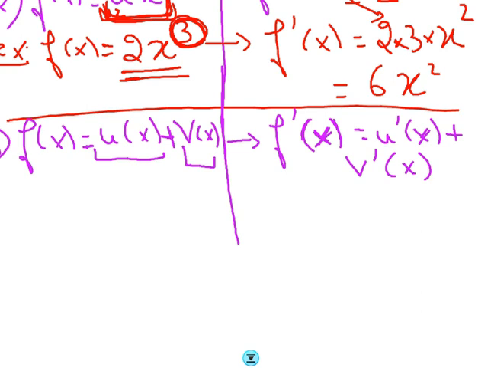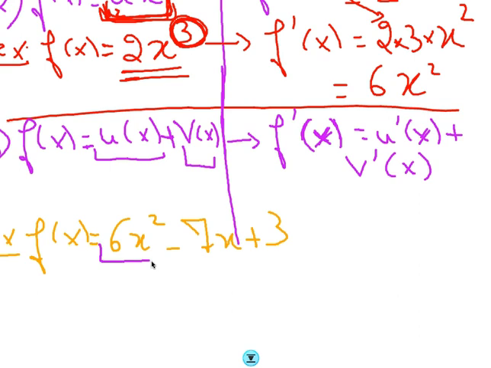So let's say f of x is equal to 6x squared minus 7x plus 3. Okay, this is a function. It is the addition of many monomials. Here I have 3 monomials, so it's u of x plus v of x plus w of x, whatever.